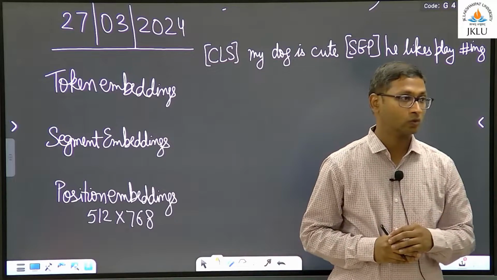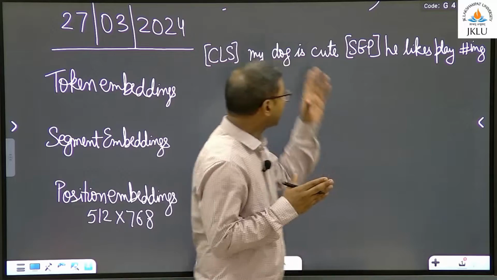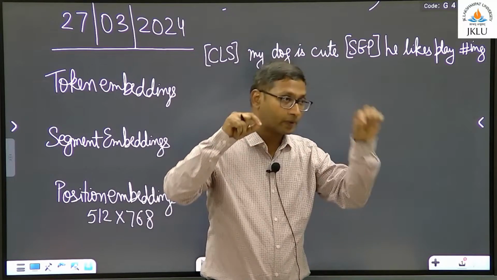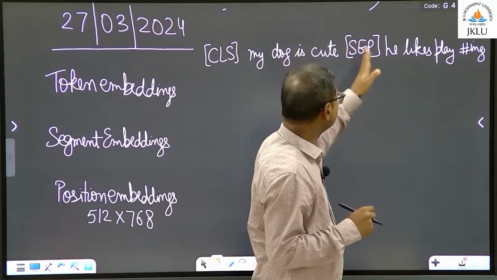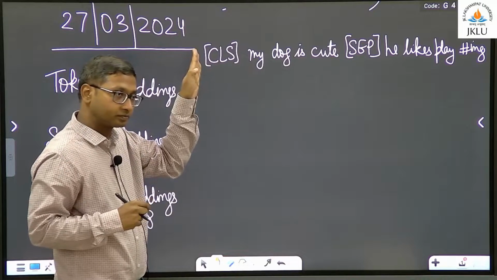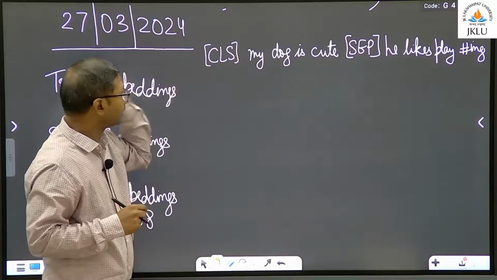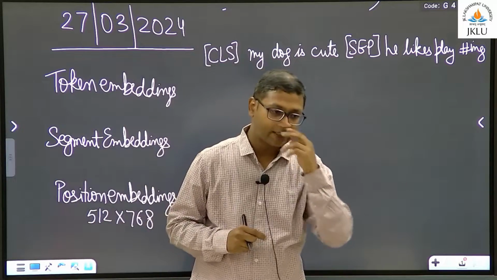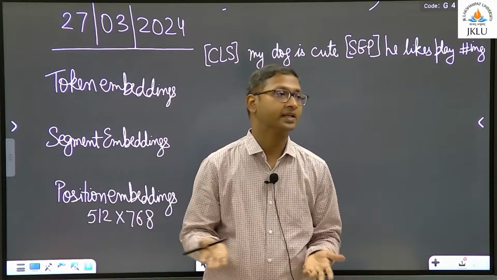SEP, I'll come to these things. These are part of the vocabulary for BERT. CLS will be just one, your first token used for classification. It's a special one. Now SEP is the token that you use for separating things.